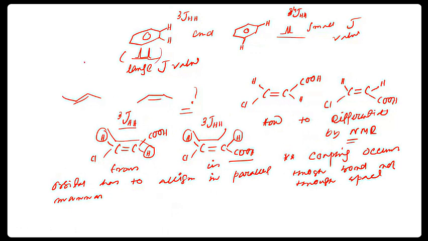So we'll have a look at these things. Let's say this is the orbital here, C double bond C, and this one here H, Cl, and here H. These orbitals are located in a parallel manner.